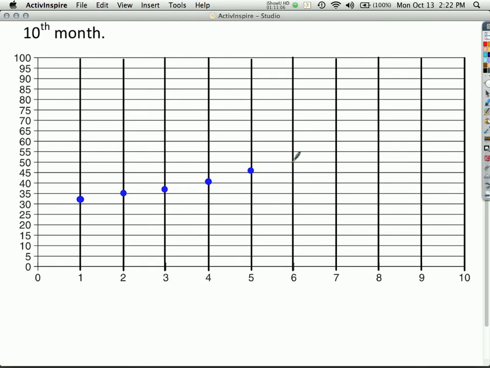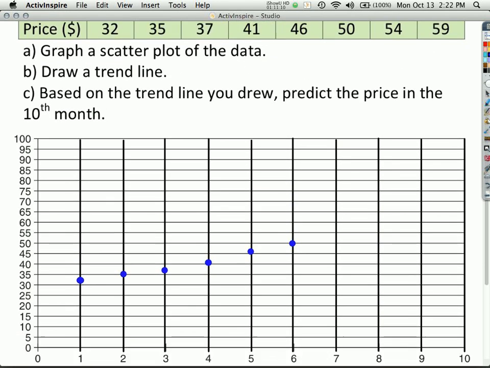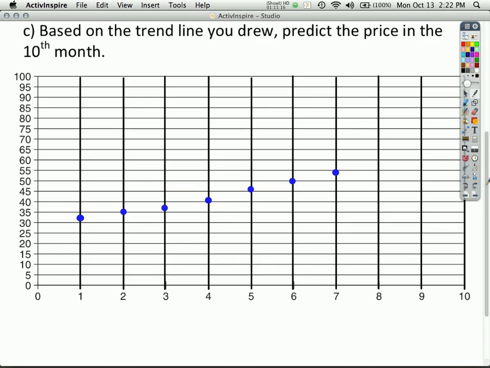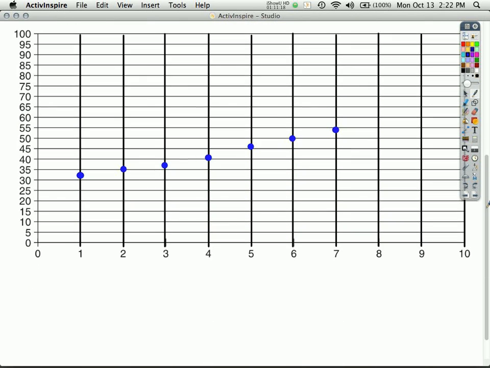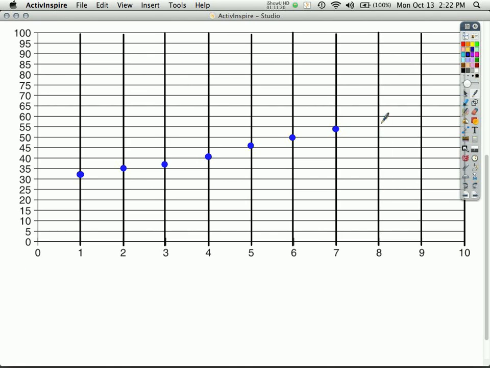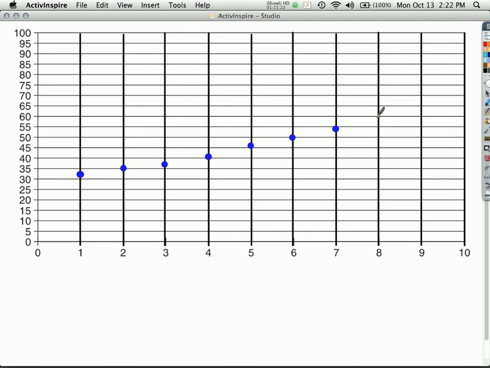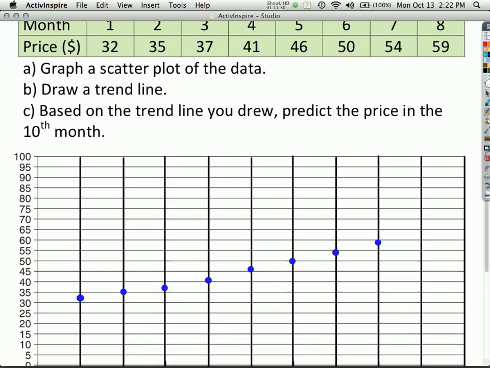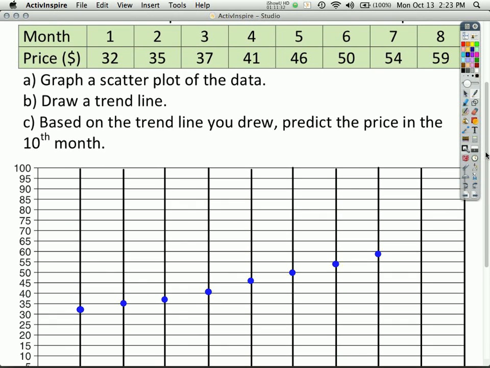That's easy, that's right on the grid. 7, 54. And then 8, 59. So just below the 60. So this is what the graph should look like. And there's the data that goes with it.